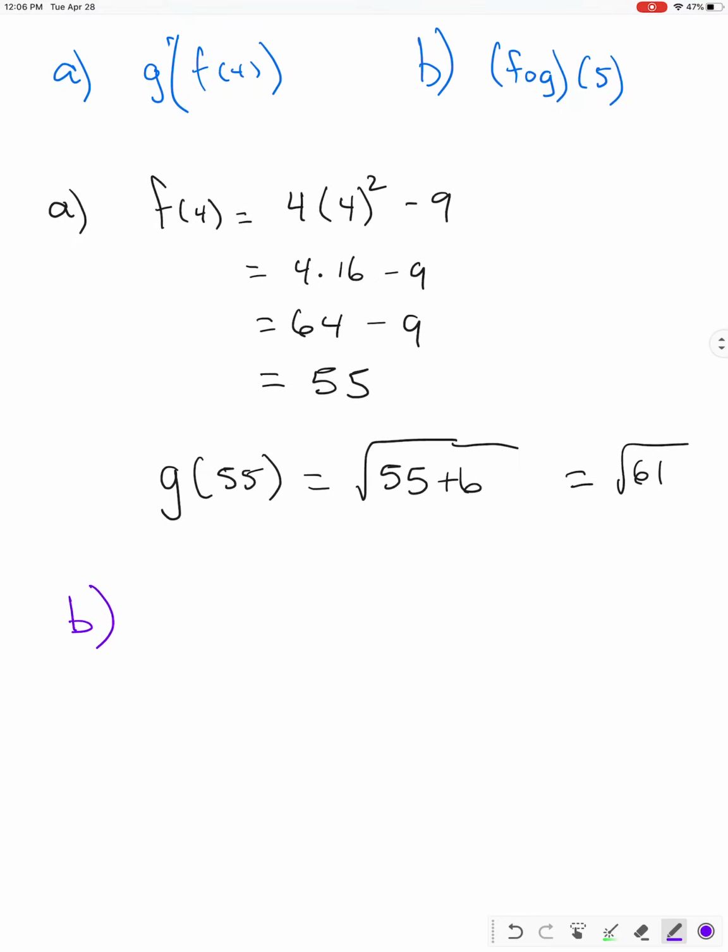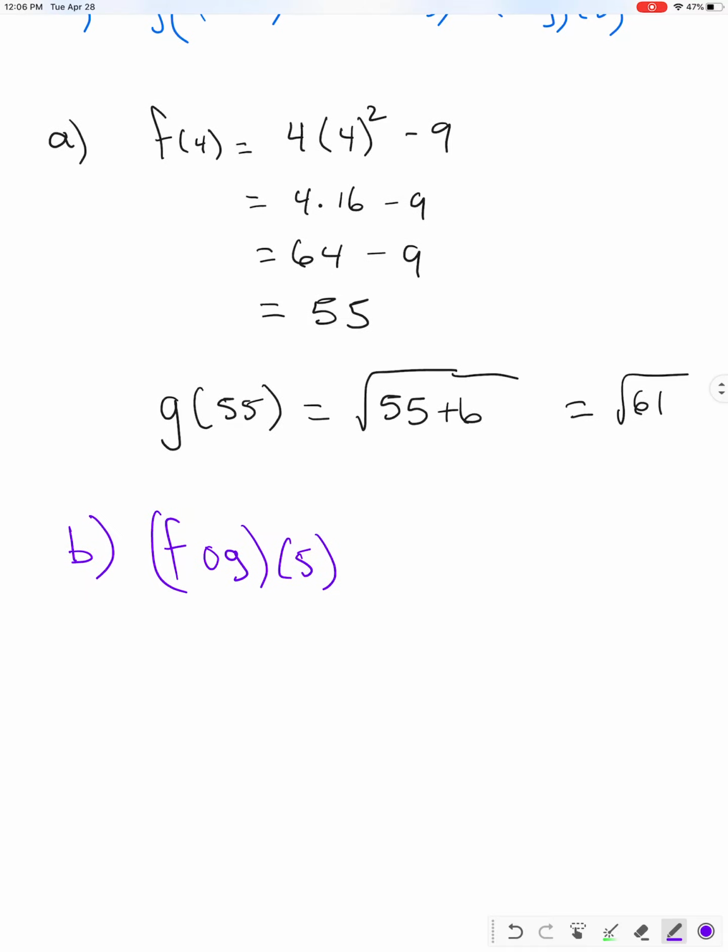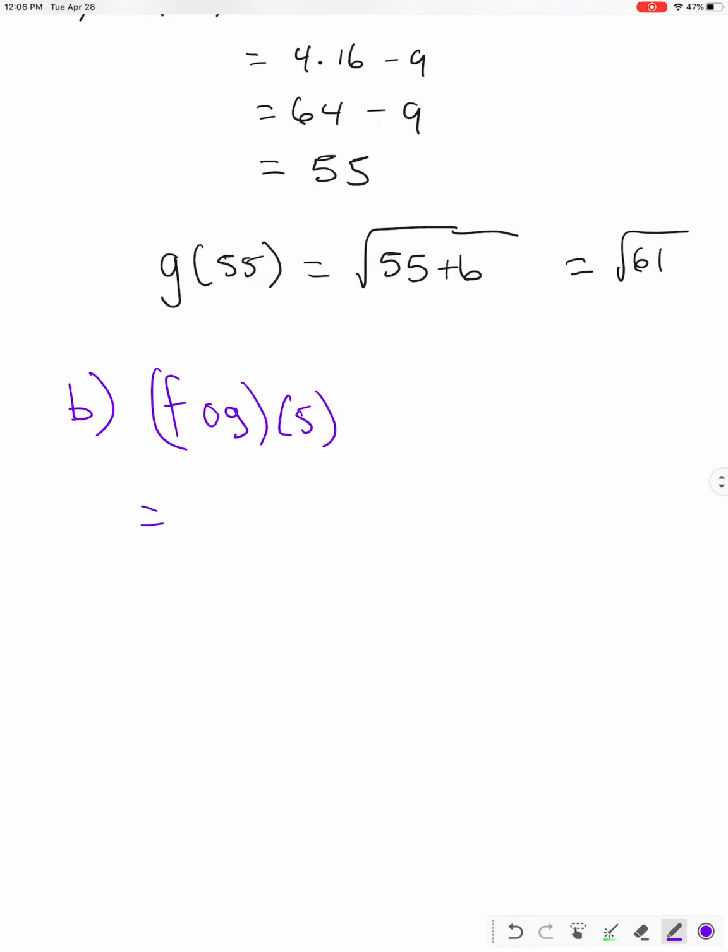Okay, so part B is f of g of 5. Once I write it that way, all I need to do is figure out what is g of 5, and then when I'm finished doing that, put that number into f.